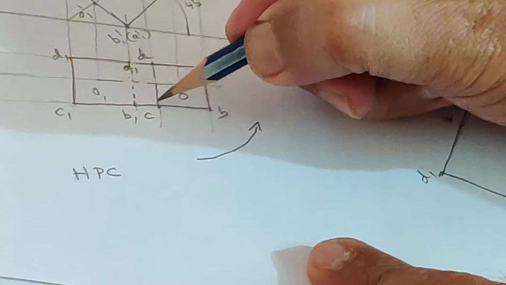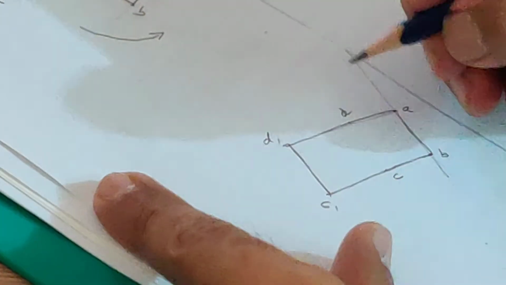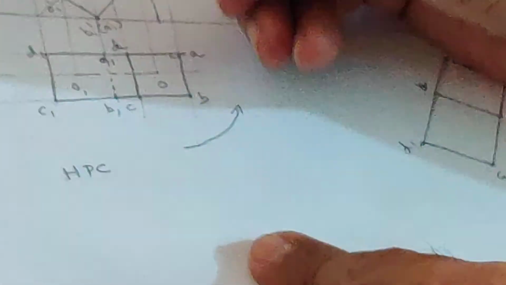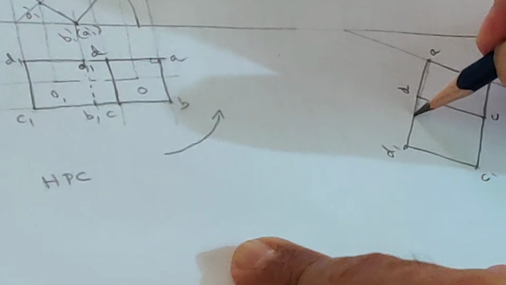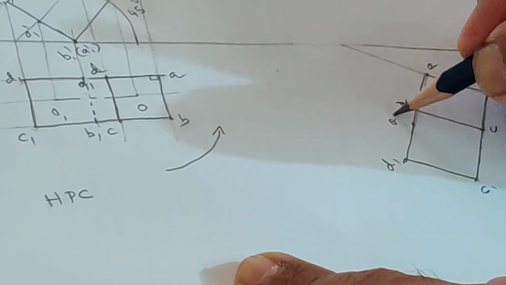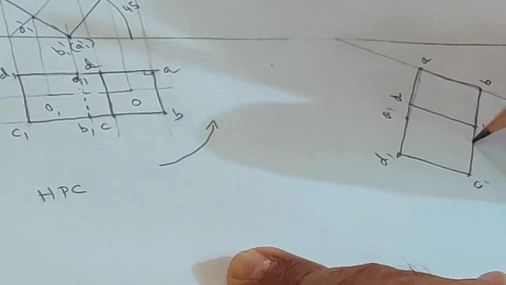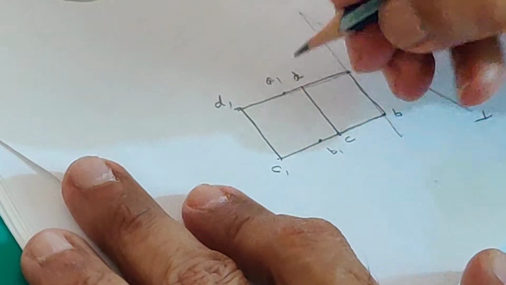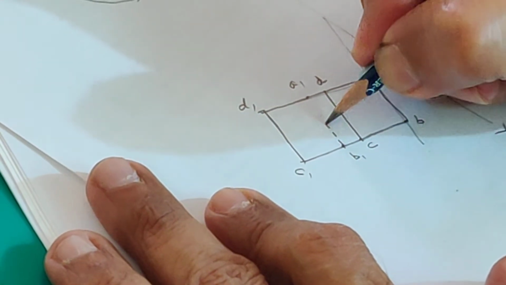This is a solid line here, this is a solid line here. So I am also making it solid here. And then you have the point A1. This is B1. This is a dotted line, so it will remain dotted here.